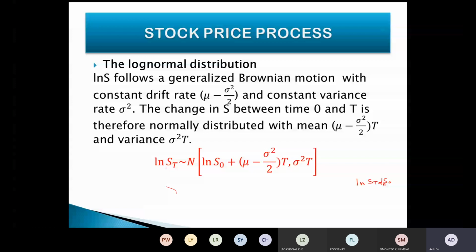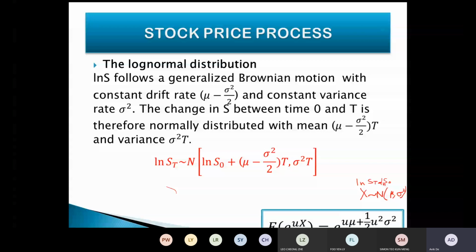This one you remember, I think, the expectation of e to the power uX. If X is normal with mean mu and variance sigma square, then the expectation of e to the power uX, we have shown using the integration. You remember during the kurtosis of the normal, we found the moment generating function: expectation of e to the power uX equals e to the power u mu plus half u square sigma square.